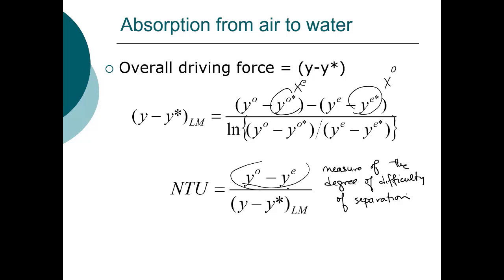So if we have one NTU, that means that Y naught minus YE is equal to the log mean of the driving force. The greater the number of transfer units, the more difficult it is to remove that chemical.